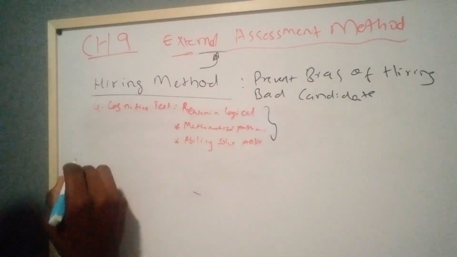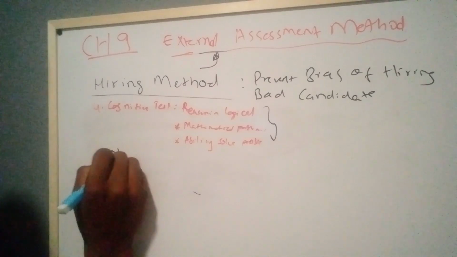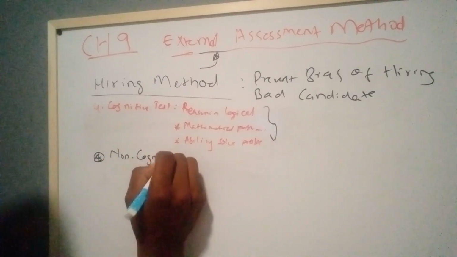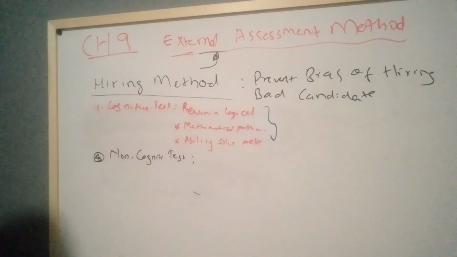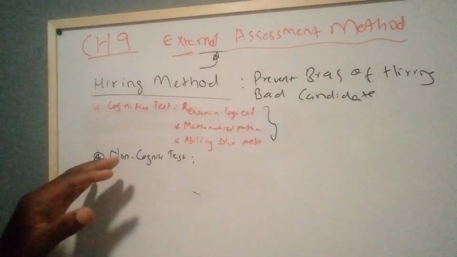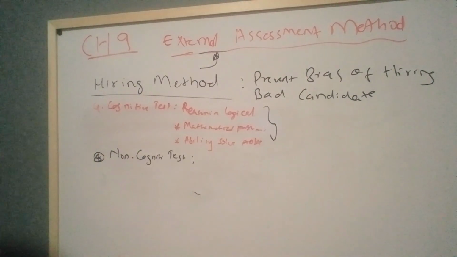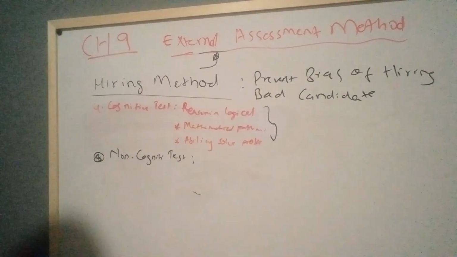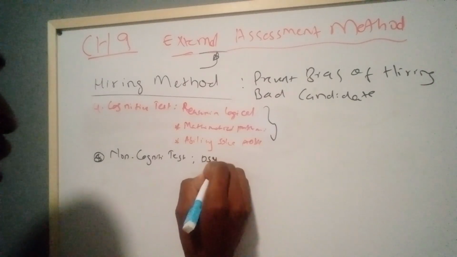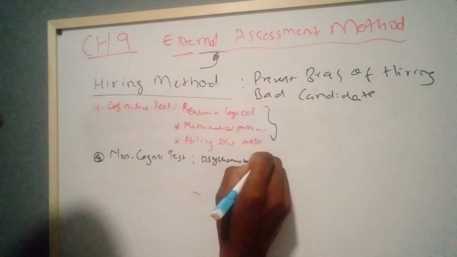So they prefer to use the non-cognitive test, number 5. Here they are trying to check not inside the brain, how much you reason or how much you solve problems, but with the non-cognitive test, that is where you use your psychomotor test.